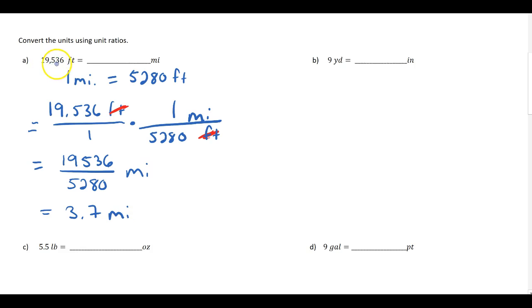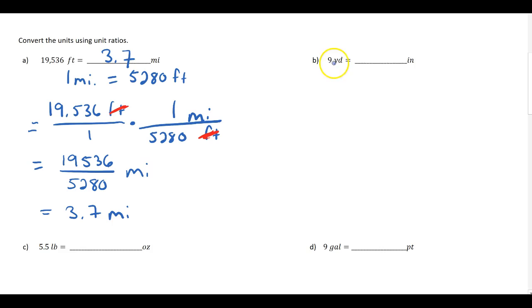Therefore, 19,536 feet is the same thing as 3.7 miles. Now, converting is extremely useful on many levels. Some of it may be that items only come in feet, or we can only measure in miles, that type of thing. And so we use conversions quite a bit.